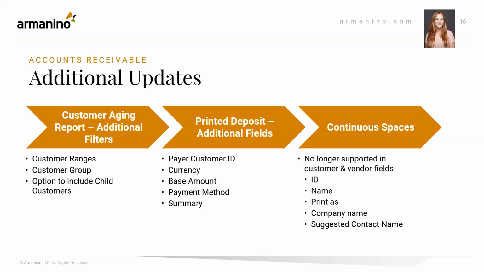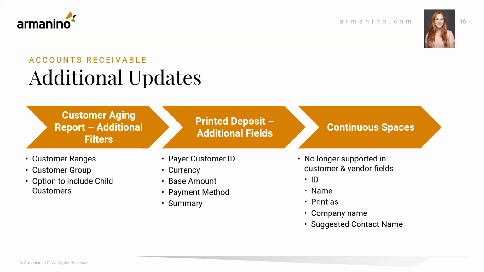And next is the printed deposit. Whenever you're printing your deposits from Intacct, there are just some additional fields that are going to print on that form. There's no additional setup needed on your behalf. And finally, for accounts receivable is continuous spaces. This is going to be really important for any import files that you have, but you'll no longer be able to input numerous spaces.